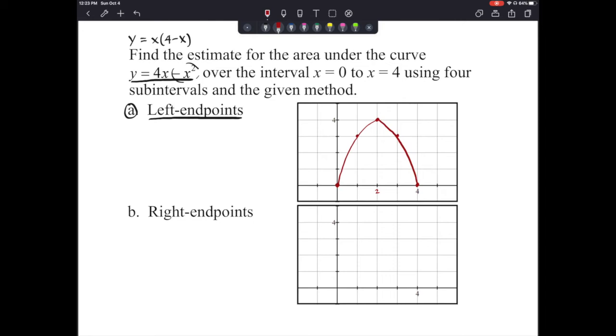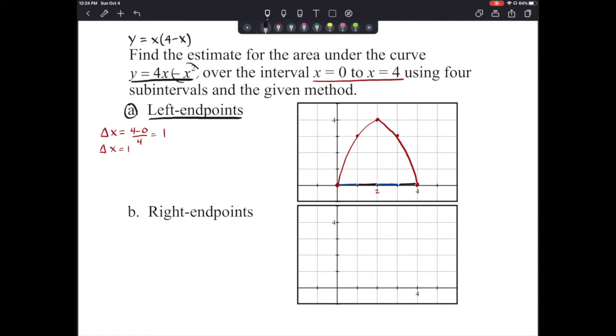All right, so to use the left endpoints, first of all, the interval goes from 0 to 4. You're going to look for your delta x. We're going to do 4 minus 0, and we're breaking it into 4 subintervals, so each one is 1. Delta x equals 1. So we've got a subinterval here, here, here, and here.